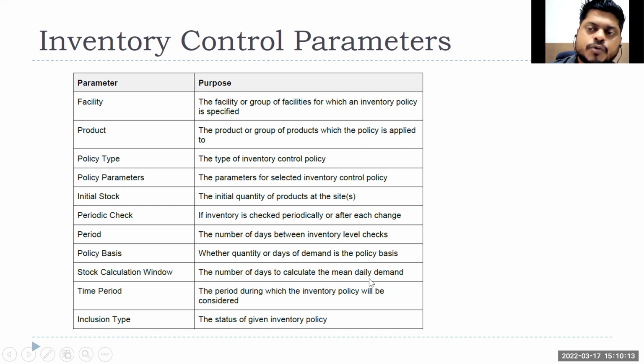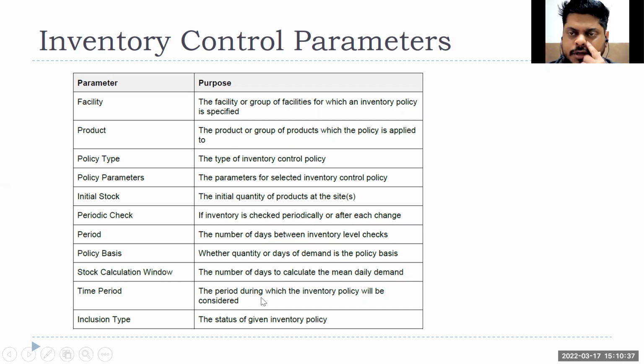Whether you do the periodic check weekly, monthly or bi-weekly, the mean and variation in demand will be calculated accordingly. That normal distribution which you took, sigma DLT, the distribution of demand over lead time, will be calculated depending on whether your periodic check is 3 days, 5 days, 7 days, or 10 days.